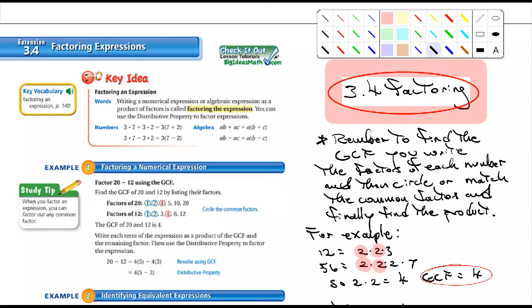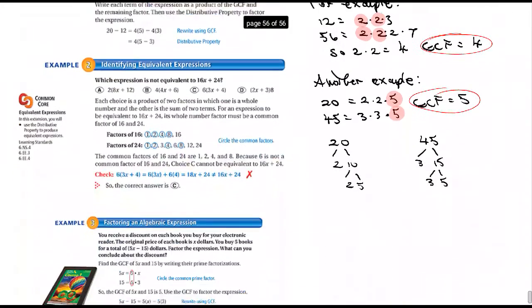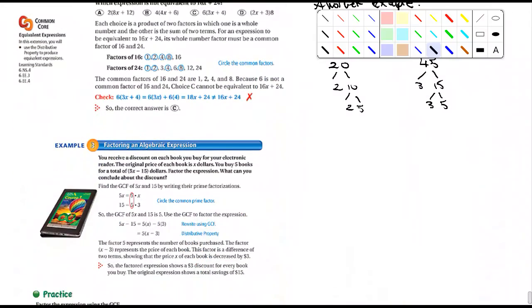Okay, so let me show you what I'm talking about here. 12, 2 and 6, and then 2 and 3. The factors of 12. Or maybe the multiples of 12.